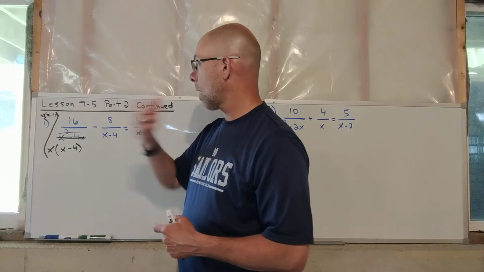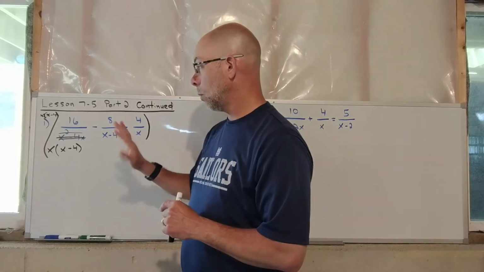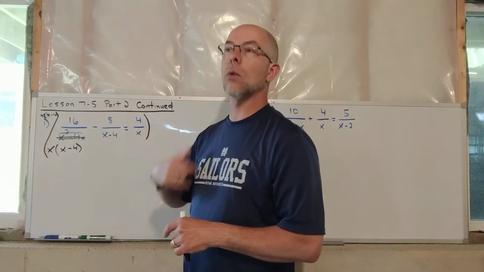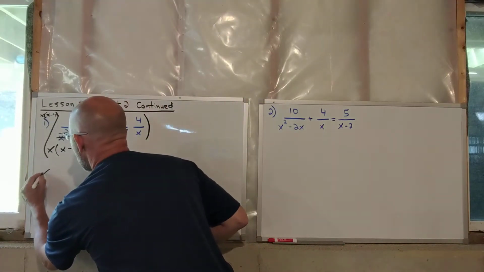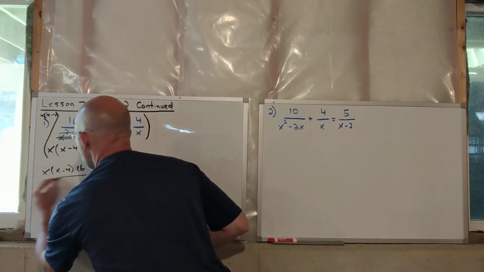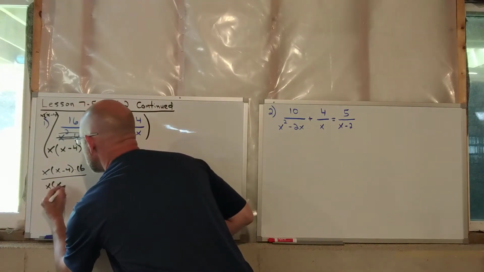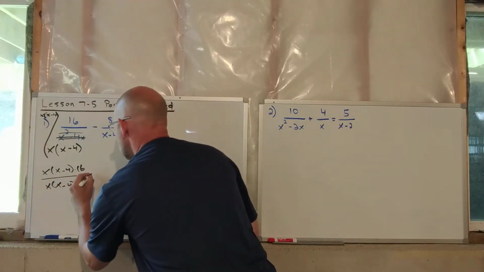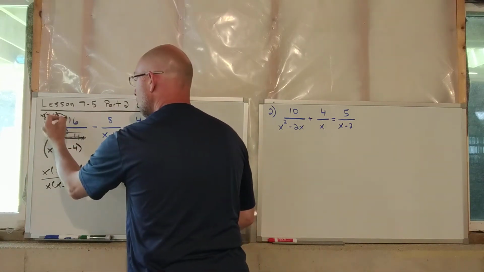Starting down here, I'm going to write what this is. Now, I'm not taking anything off the problem. We just multiply it in pieces so that we can reduce. So I will call this x times x minus 4 times 16, all over x times x minus 4. Minus this one. So that went here.